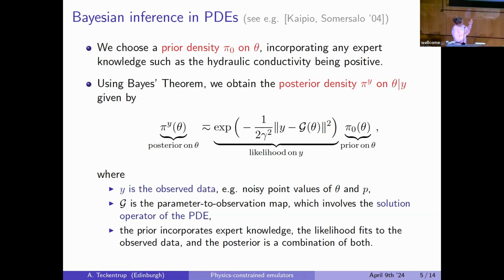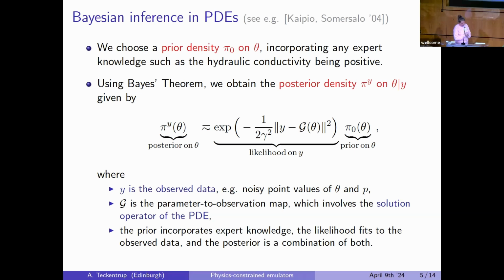In the likelihood, we have this map G appearing. This is what's known as the parameter to observation map. You can really just think of it as the solution of the PDE. If your data y is data of p, you then have to solve the PDE in order to compare the model output to your observed data y.